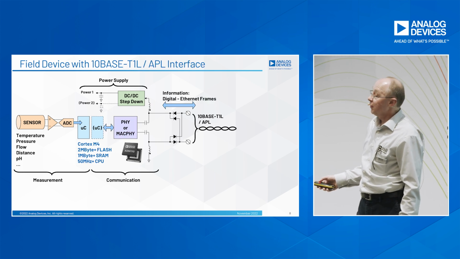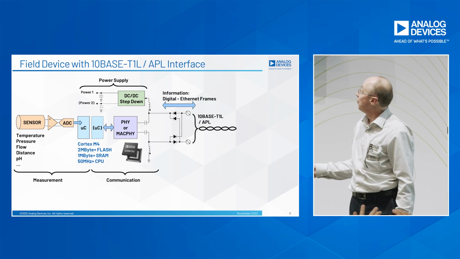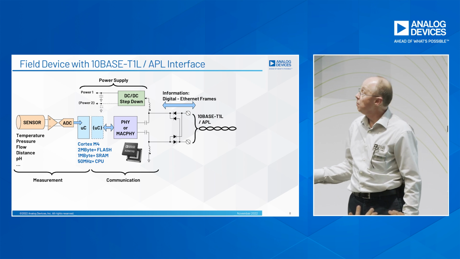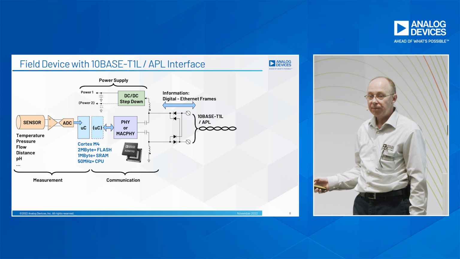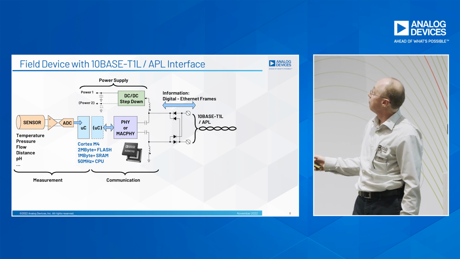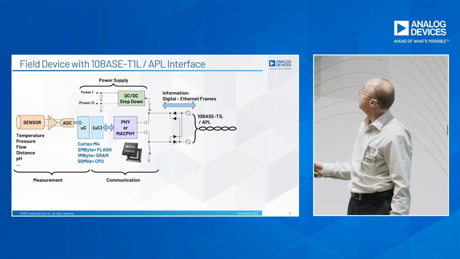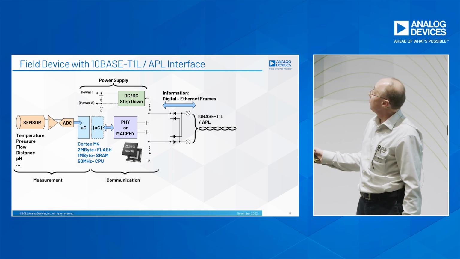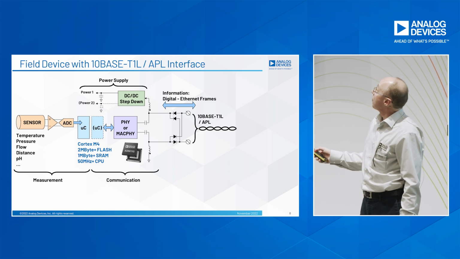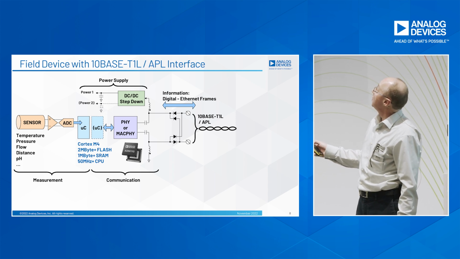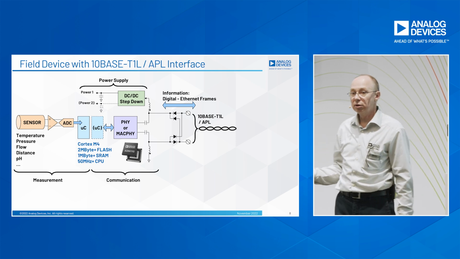When you look at the field device on APL, the front end is very similar. You may need a little bit bigger microcontroller because you need to run some communication protocol on it. But then you have a PHY or integrated MAC and PHY, same DC-DC converter, and it's a digital communication there.